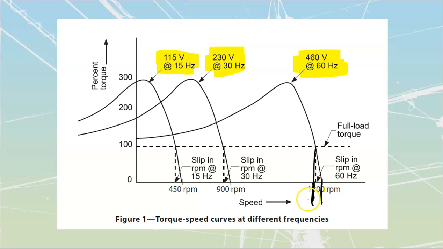So I'm operating a bit below 1800, but I would see that I'm going to have the peak of my torque maintained because I've got my volt frequency. As long as I scale my volts and frequency together, I'm going to be able to maintain that peak always at a little bit behind my rated amount of speed at each of those different values of frequency.